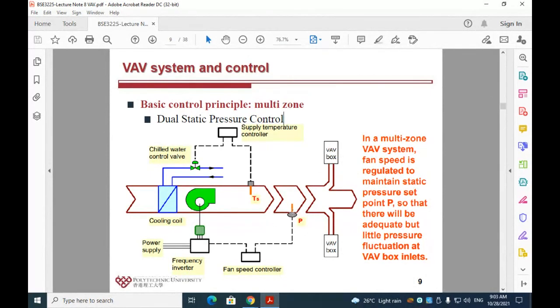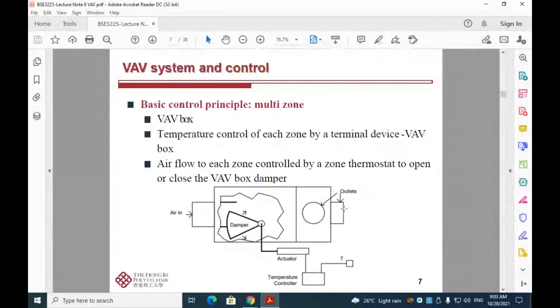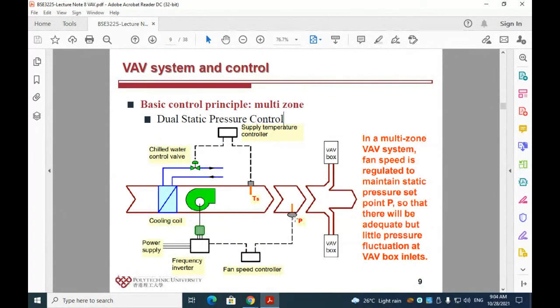So by maintaining static pressure here larger than, for example, the pressure at the outlet, then the air can be successfully flowing from a high pressure position, which is at the air handling unit, to a low pressure position, which is at the specific zone here. So this is what it means by dual static pressure control.